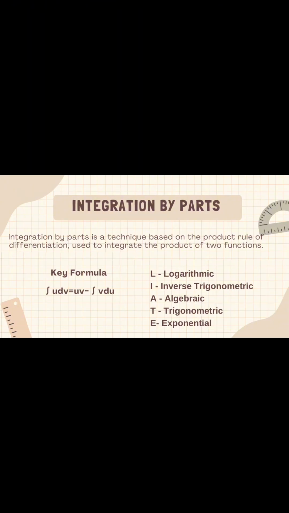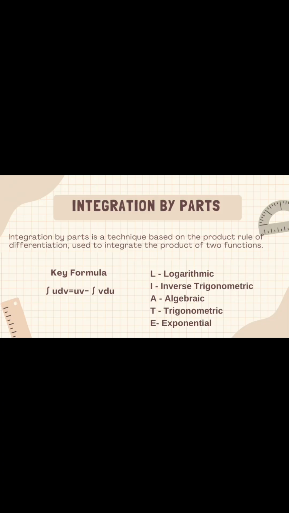Integral by parts is a technique based on the product rule of differentiation used to integrate the product of two functions. So our formula is integral of u dv equals uv minus integral of v du. You will use this when you are integrating products of algebraic and transcendental functions like x ln x, sine x, and when you are integrating trigonometric and logarithmic functions, and also situations where simplifying through repeated parts is helpful.